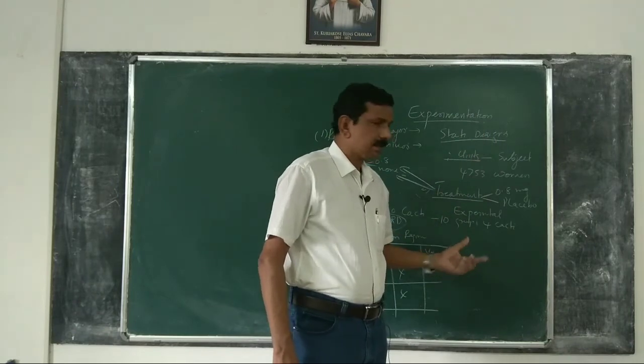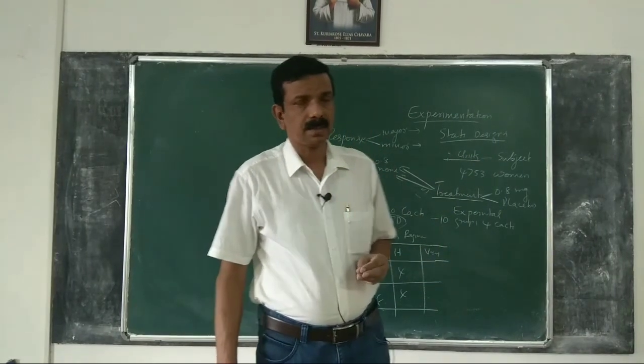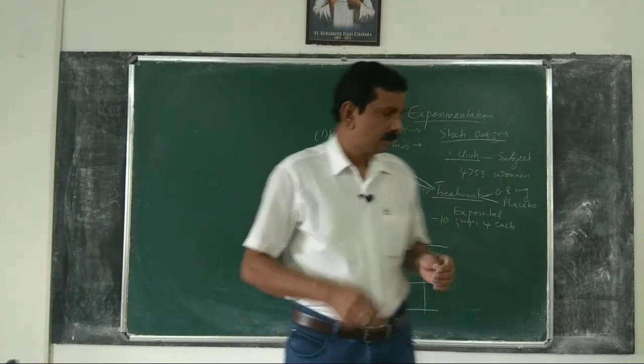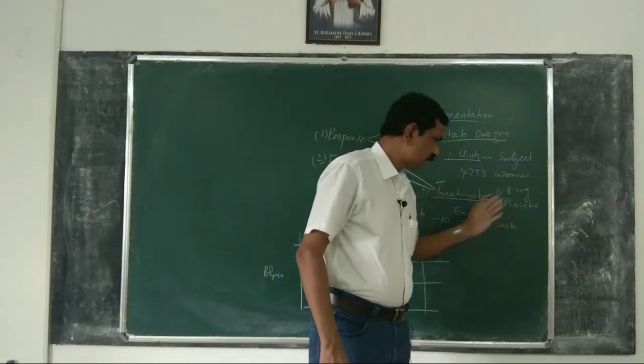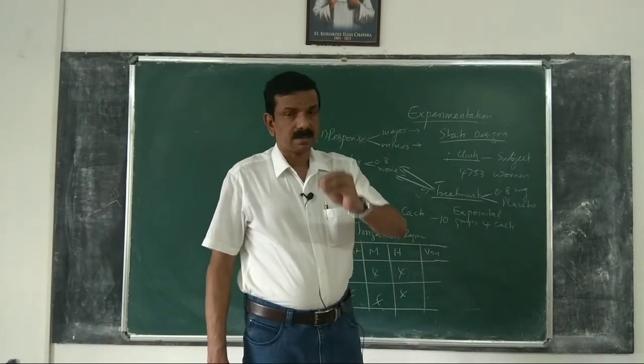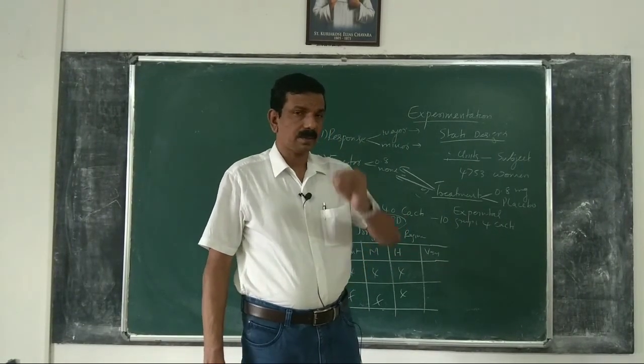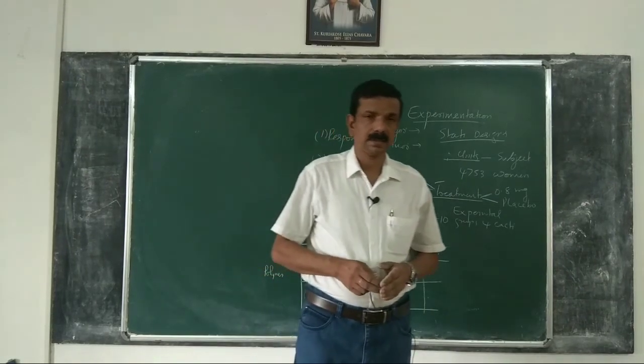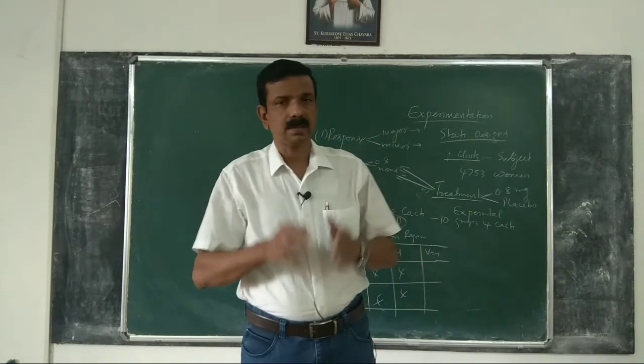when we collect experimental data, experimental units should be assigned to various treatments in a scientific way. Then only you will get reliable results. Otherwise, you will not get reliable results.